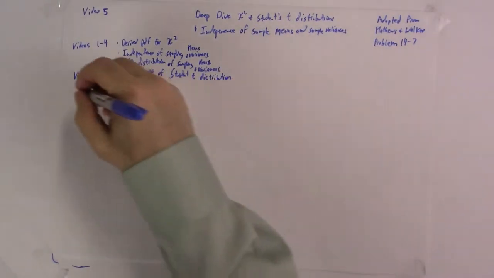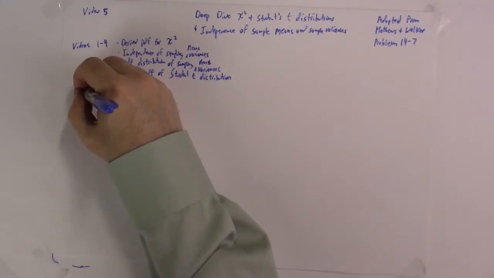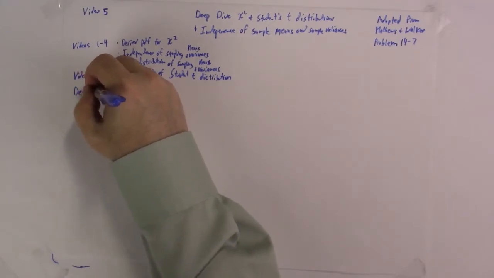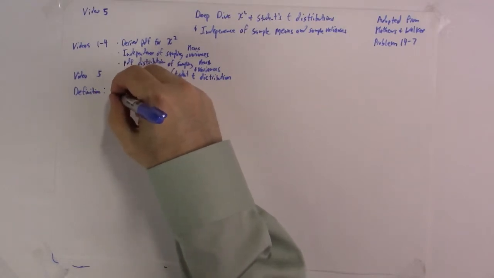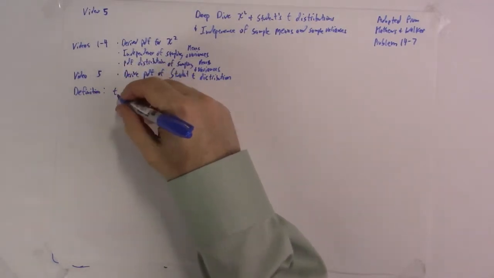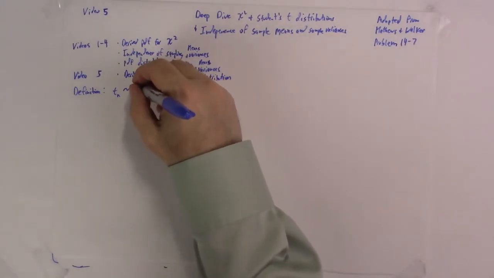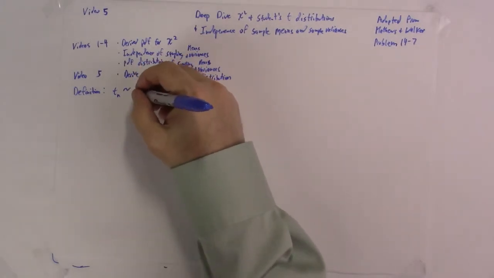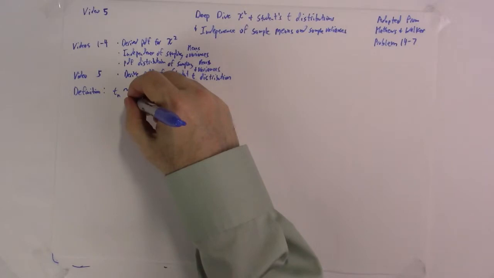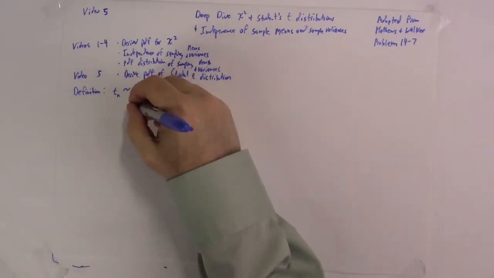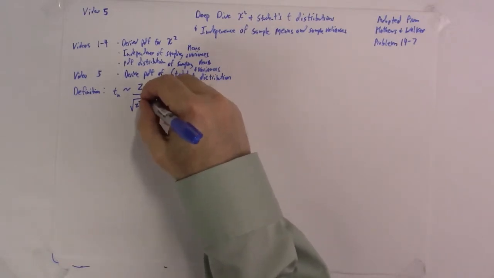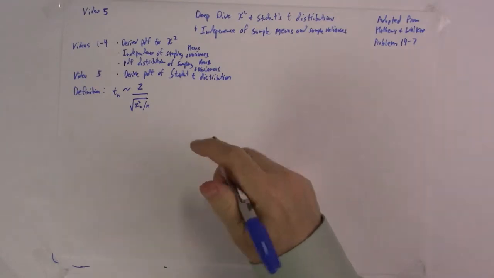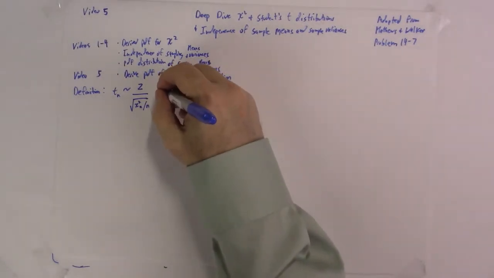Now, the definition of the Student t-distribution is: T_n, with n degrees of freedom, is distributed as a normal variable divided by the square root of a chi-squared with n degrees of freedom divided by n. Now, I'll give an example of where we see this.